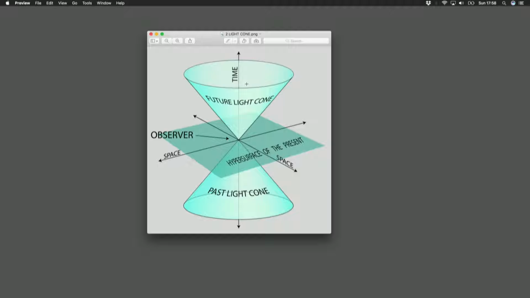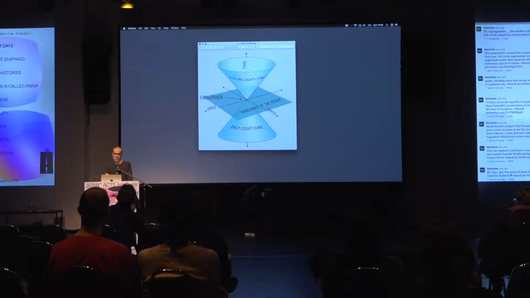And where both meet, the one going upwards is the future, the one going downwards is the past. So they both meet at this abstract point, really small thing, and that's the present.